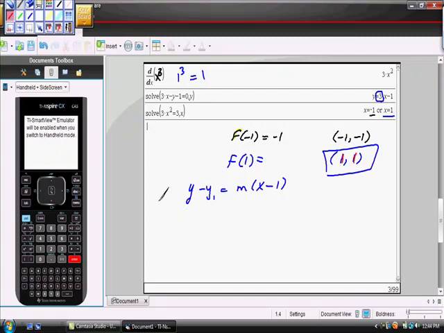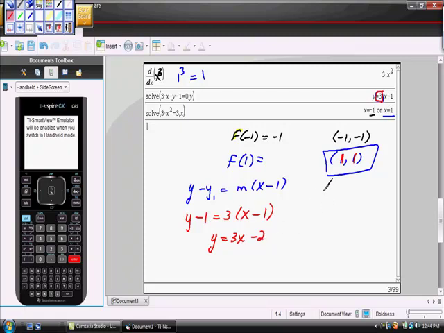And we'll take y minus 1 is equal to, remember, we know what the slope is. The slope has to be 3, right? So the slope is 3 times x minus 1. And if you solve that out, you would get y equals 3x minus 2. I added this one to each side, didn't I?